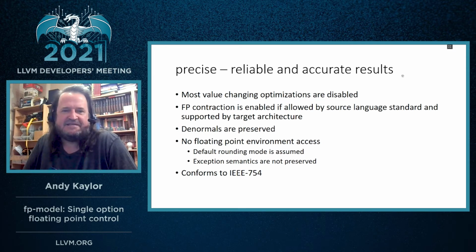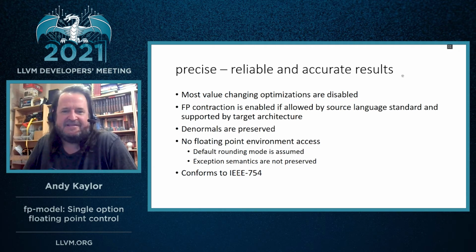In the precise model, we are preserving denormal values. So this is somewhat slower on some architectures, but it allows a broader range of values to be represented and used in your computations. No floating point environment access is allowed in the precise model. So what this means is that the compiler is free to assume that the default rounding mode is always in use and make optimizations based on the default rounding mode.